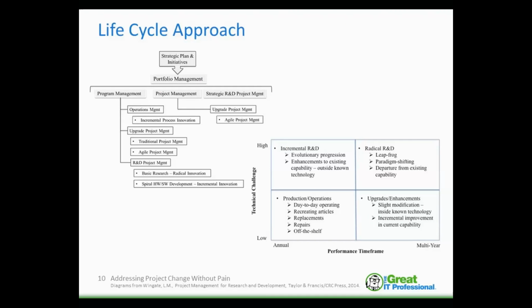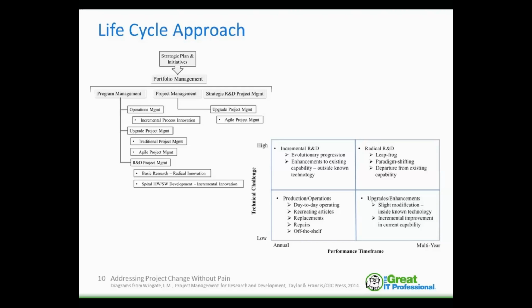In this particular example, the program also has elements of a project to incrementally improve operations processes, and an upgrade project that's utilizing both traditional and agile project management, and some R&D inclusive of basic research and spiral development. So from this perspective, I'm demonstrating the life cycle as a cumulative view of all activities from the earliest research and development to a later phase operations upgrades.